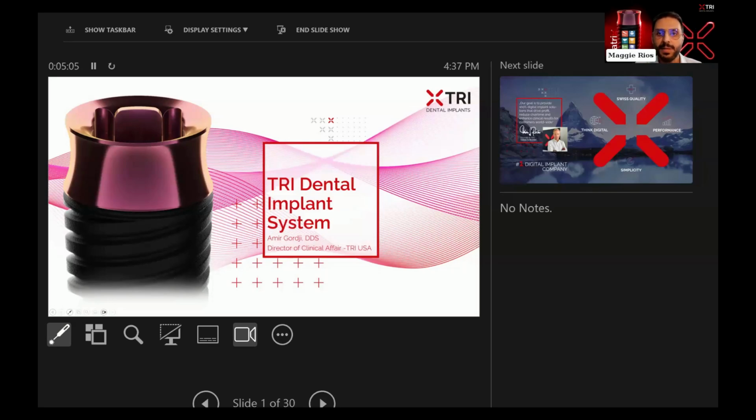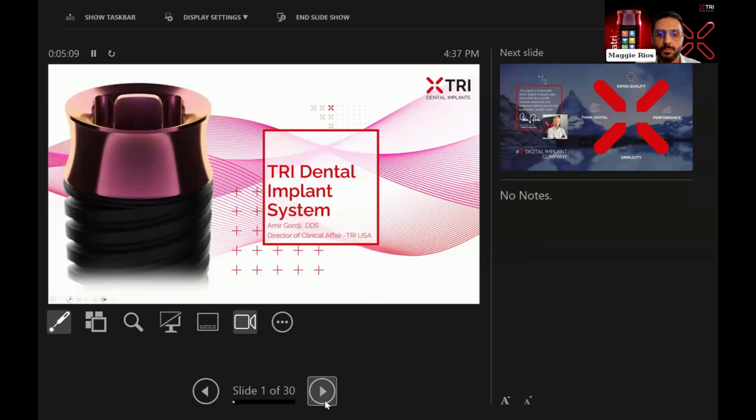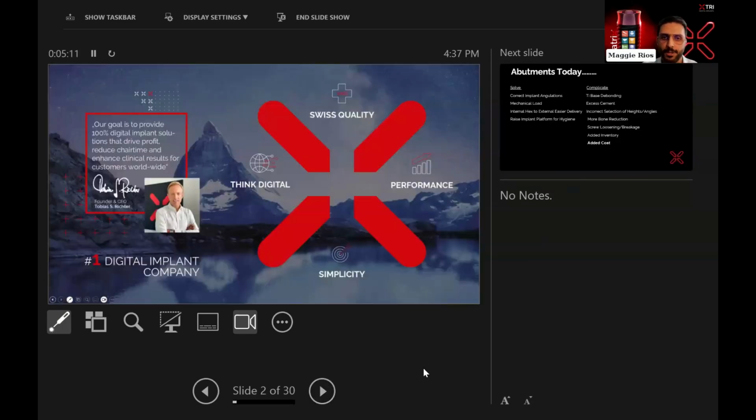The TRI implant system journey started in Europe. You might not have heard about it, but this is not a new company. The TRI implant system company started more than a decade ago. It's based in Switzerland, and everything is designed, manufactured, and produced in Switzerland.